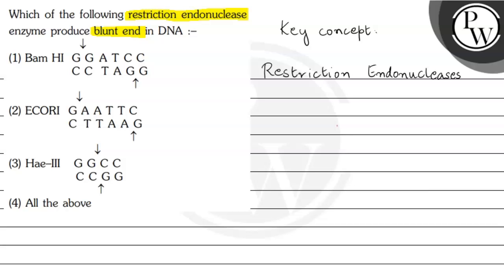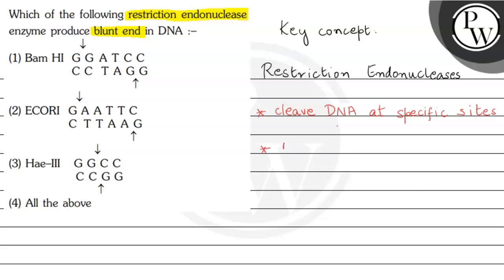So restriction endonucleases are enzymes that can cleave DNA at specific sites only. They are nucleases, that is, they can cleave nucleic acids, but since they are restriction endonucleases, they cleave DNA at specific sites.